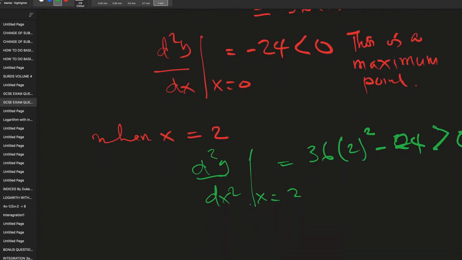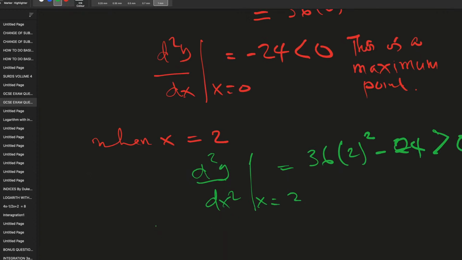So, meaning this is a minimum. This is a minimum point when x is equal to 2.